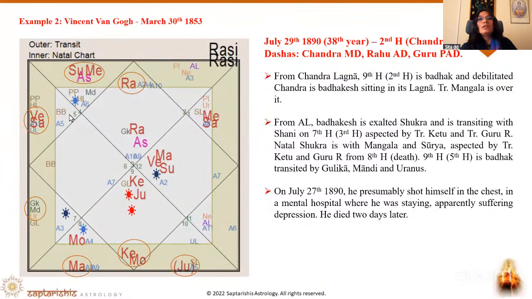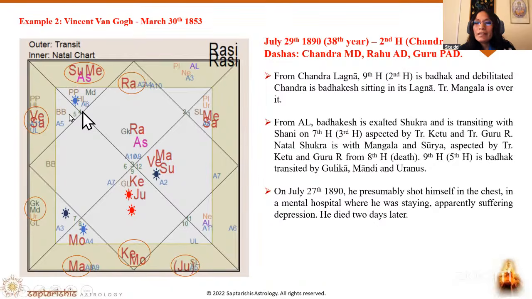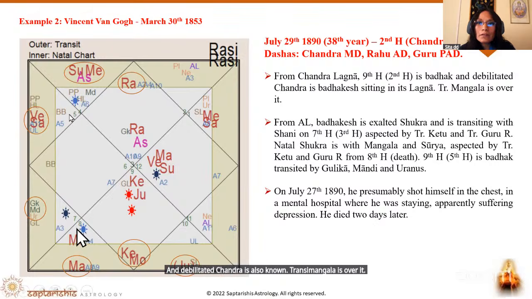And then from Chandra Lagna, Chandra is in the Lagna from this point of view, and the Bhadakesh is the 2nd house too. Better said, Chandra is Bhadakesh and the Bhadaksthana is the 2nd house. And debilitated Chandra is also there. Transit Mangala is over Chandra.